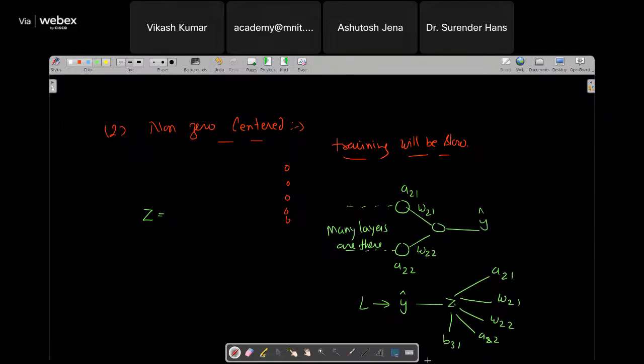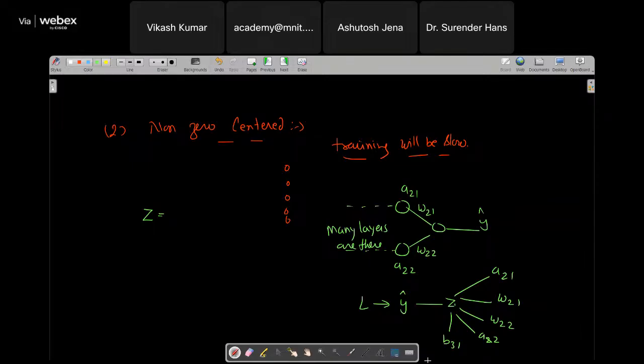And this Y cap is the sigmoid of Z. So Z is A21 W21 plus A22 W22 plus B31.